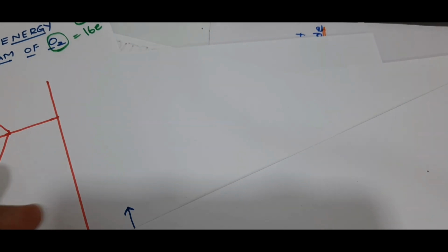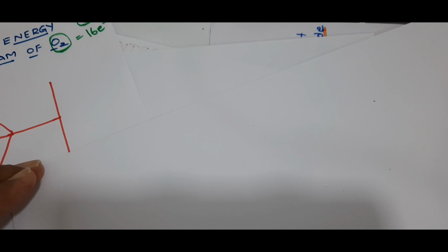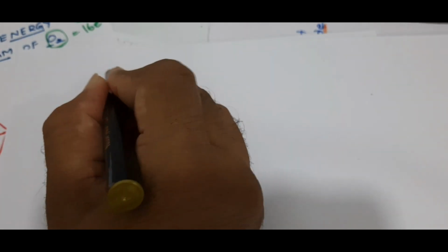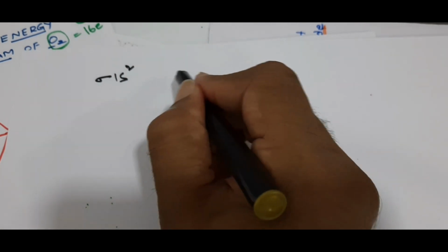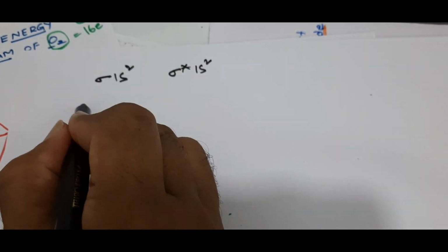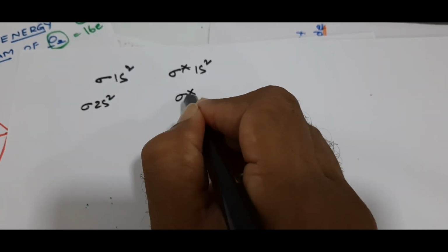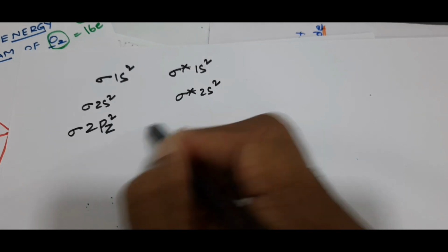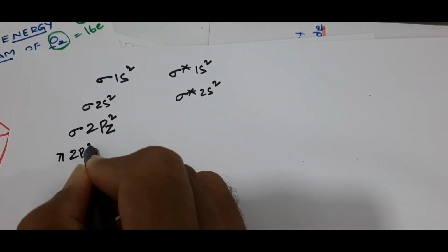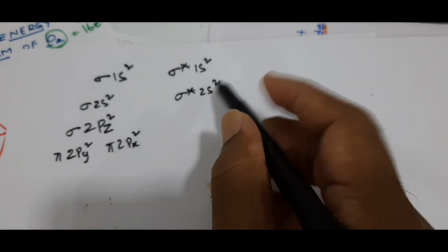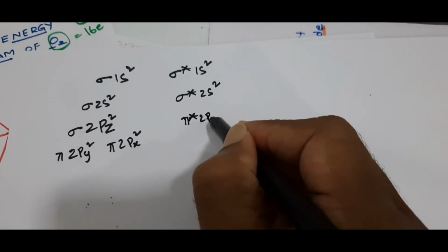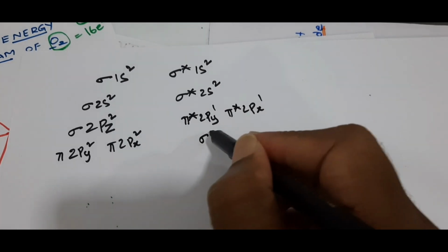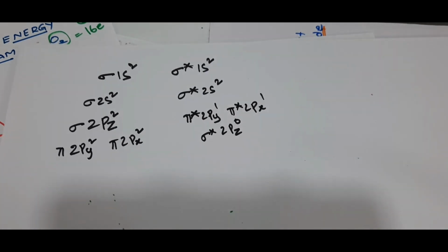Look at this. Sigma 1s2, sigma star 1s2, sigma 2s2, sigma star 2s2, sigma 2pz2, pi 2py2, pi 2px2, pi star 2py1, pi star 2px1, and sigma star 2pz0, right?